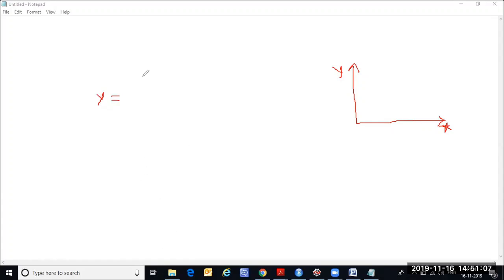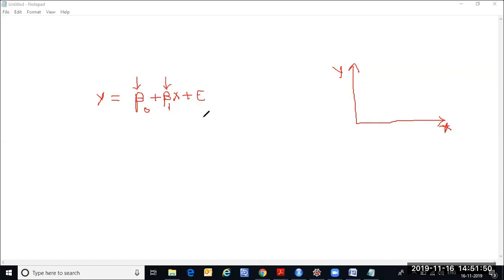The straight line equation is y is equal to mx plus c. But here we will write that as y is equal to beta naught plus beta 1 x plus epsilon. What are these beta naught and beta 1? Coefficients, right? But beta naught is called the intercept value, whereas beta 1 is the coefficient of x.